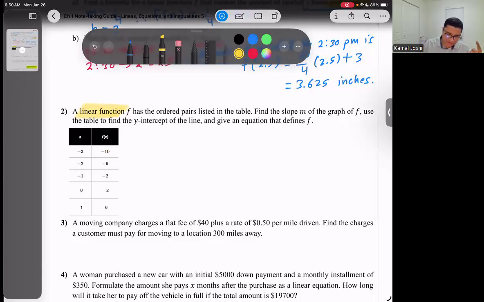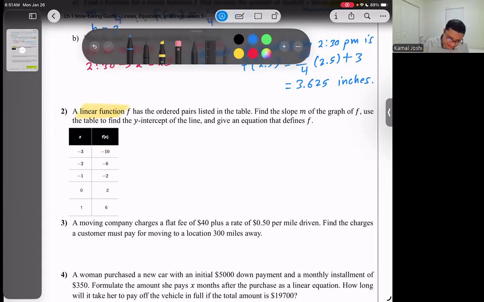Later, I'll tell you a twist that can be given on this question. This is a straightforward question. Linear function, which means immediately you should understand the table gives you the points on that line. So you should be able to calculate the slope of that line by using any 2 points.